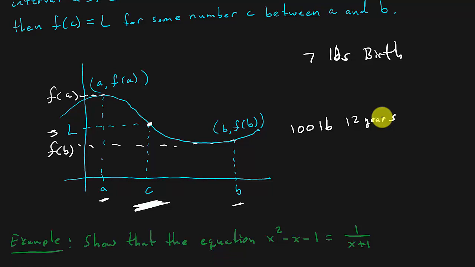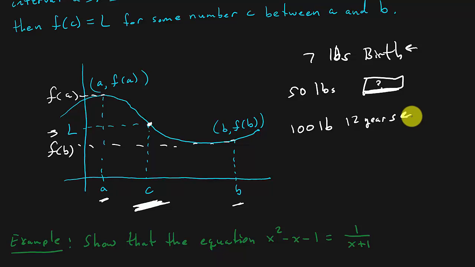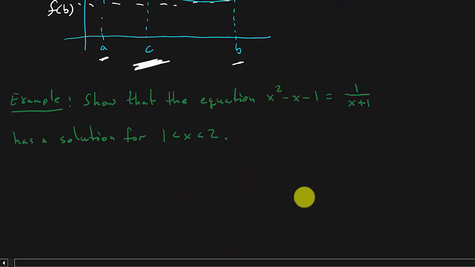Then we know there's some age in here where they weighed 50 pounds. There's some age between birth and 12 years old that they weighed 50 pounds. That's kind of how you're looking at that. And this is where this can come in handy.